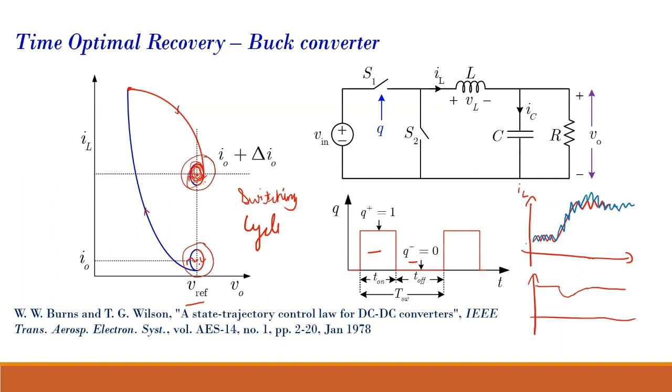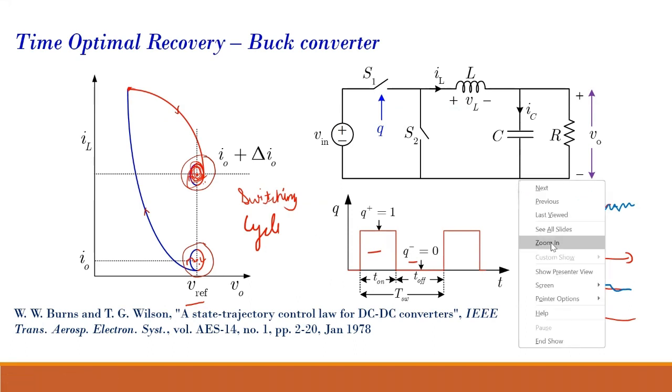This response would further reduce and then come like this. This is not the response I want. In my response, I want it to immediately go from one value to the other. It should go very fast. So this is known as time optimal.